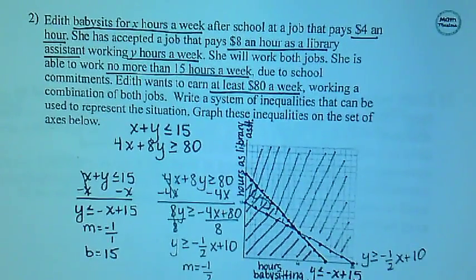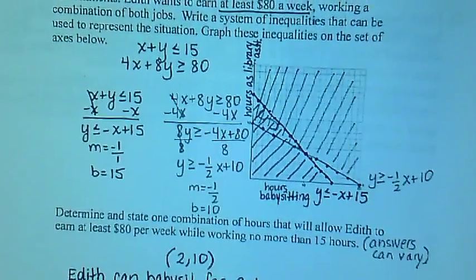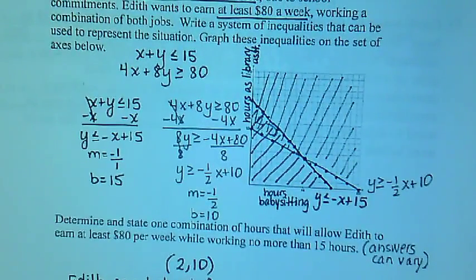So first you're going to write your systems of inequalities and then you're going to graph them. Remember, we're graphing inequalities, so where they intersect each other, which would be right in this area, do a highlighter, and this represents numbers. Hours babysitting is going to be X, because I said so, and hours at the library are going to be Y. What I want to do is pick a coordinate that is in the solution.